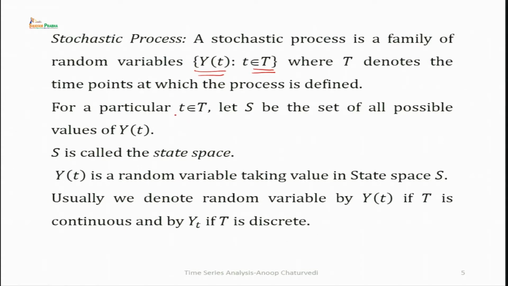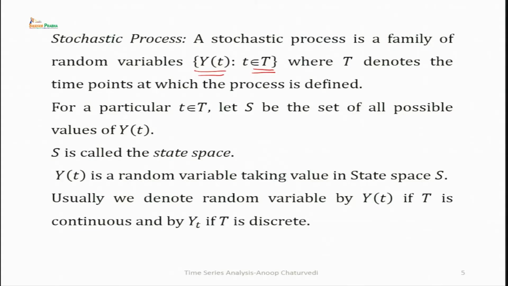Then for the particular t belonging to capital T, suppose S is the set of all possible values of y_t, then S is called the state space. For a random variable, such a space is called the sample space.